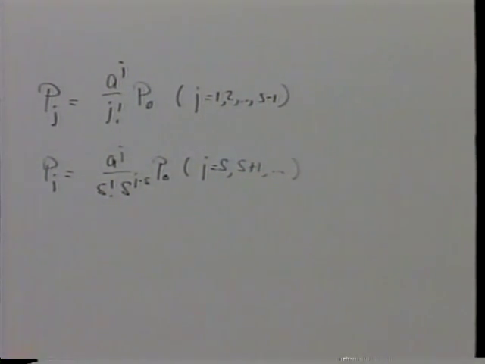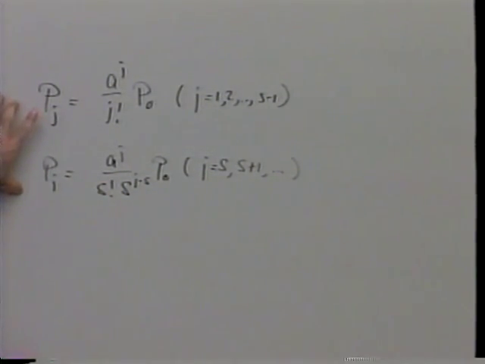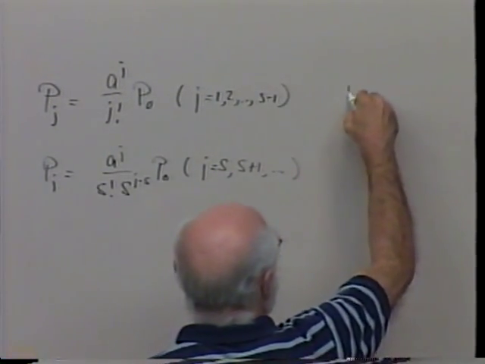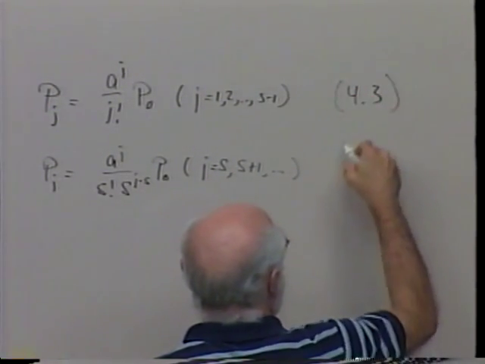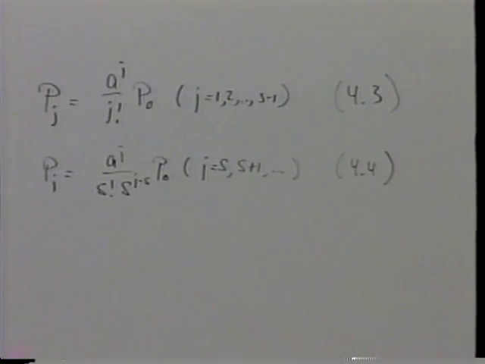Of course, I could use either of these forms when j is equal to s, because if I plug in j equals s here, this and this turn out to be the same thing. In the book, these are equations 4.3 and 4.4. Okay, so that's the solution of the rate up equals rate down equations.